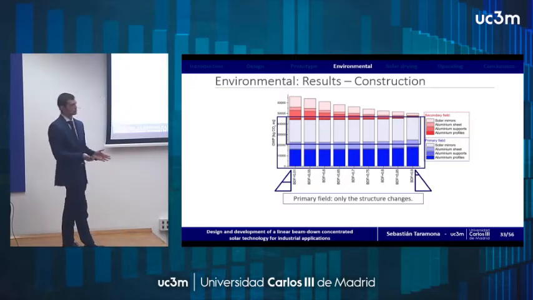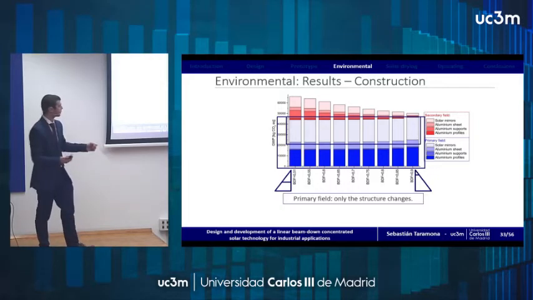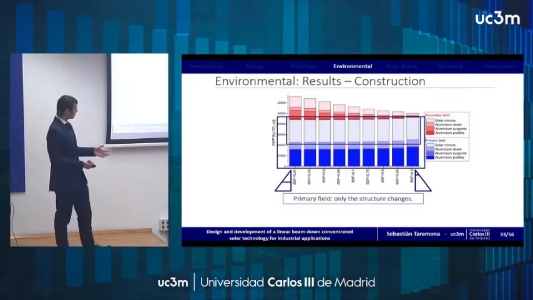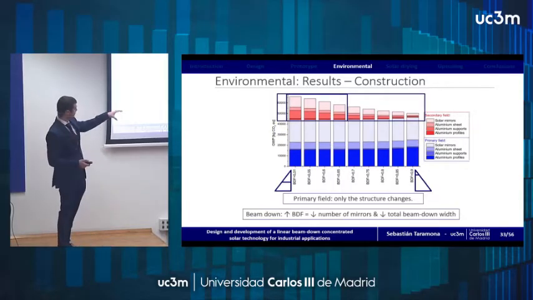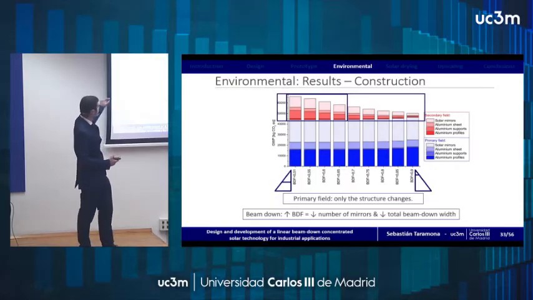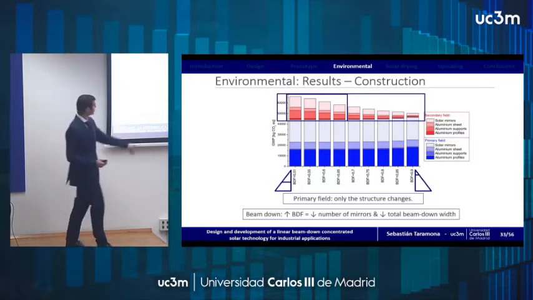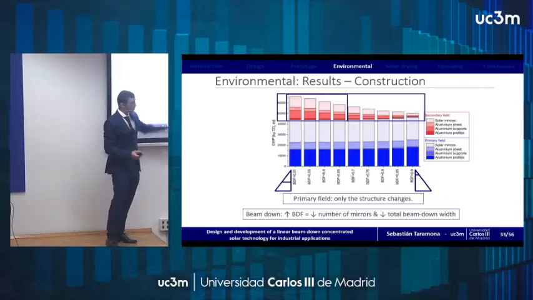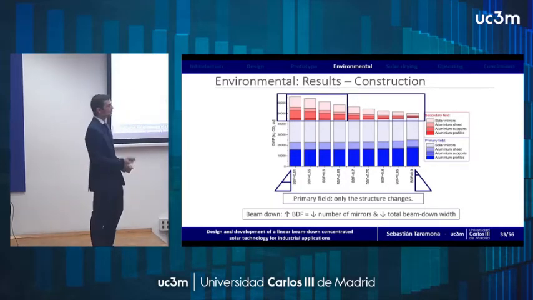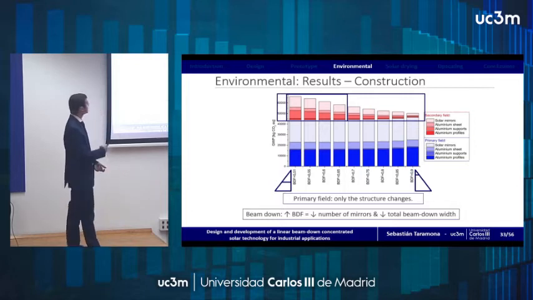This is because we obtain a wider receiver, which means we have to adjust the solar field a little bit further away. On the other hand, comparing with the beam down, you can see that the effect is the other way around. The lower the solar field, the wider the receiver we have, which means we need more mirrors, which means we need more structure, and which means we have more environmental impact.